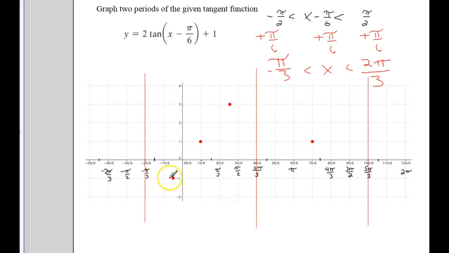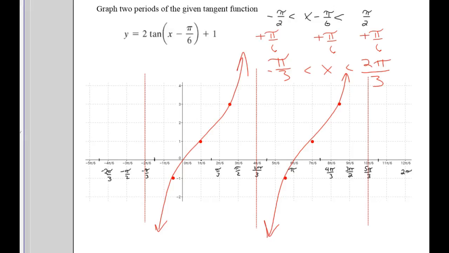Alright, same thing. This -1 is going to occur 1.5 away from where that 0, which has been shifted up to 1, occurred. So right there. And then if I go over 1.5 here, go up 2, and I'll be right there. Alright, and then same thing, we just connect our dots like we did before, and there's our period of this other tangent function. 2 periods, as it asks for us to do.